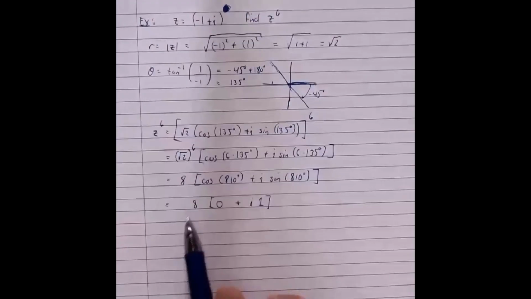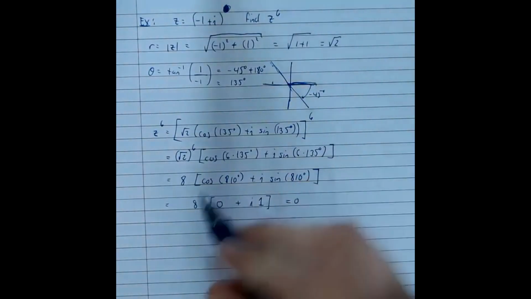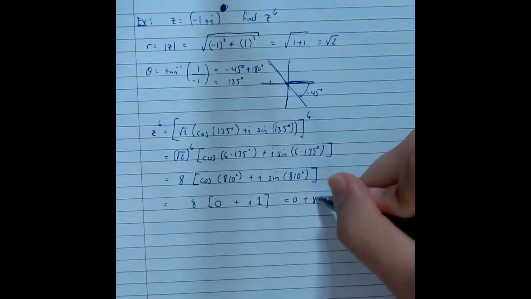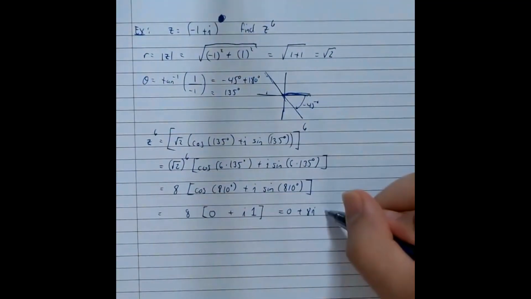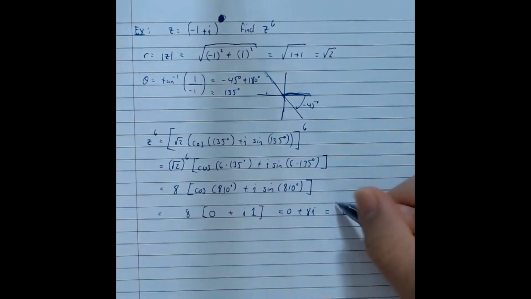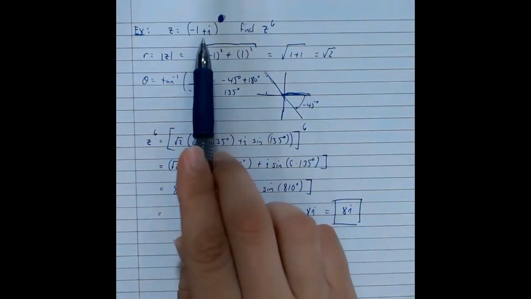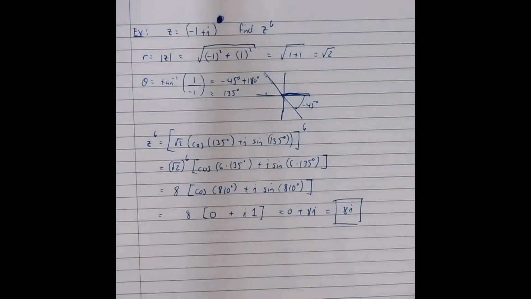So here that's going to be 8 times 0, which is 0. And 8 times 1i, that's 8i. And since you're adding 0, that's not going to change anything. So here that's just going to give you 8i. And that's your result. If you take negative 1 plus i and raise it to the 6th power, you're going to get 8i.